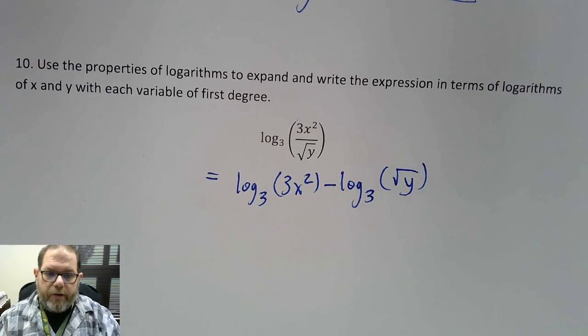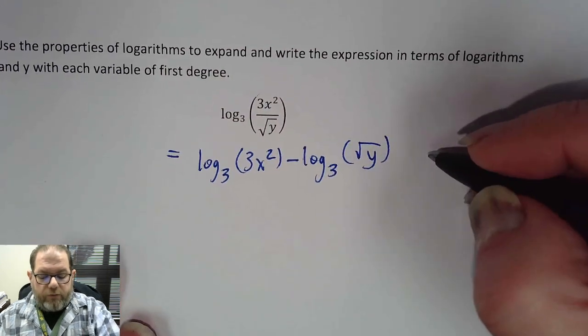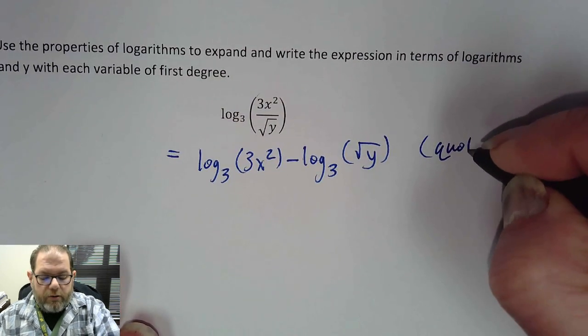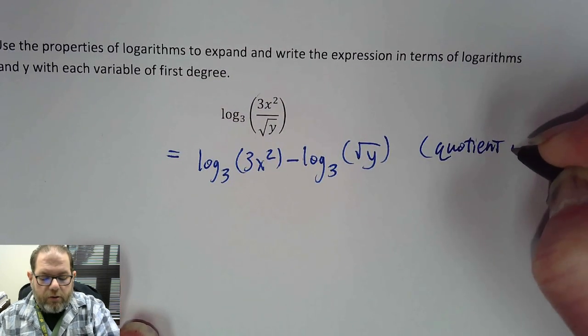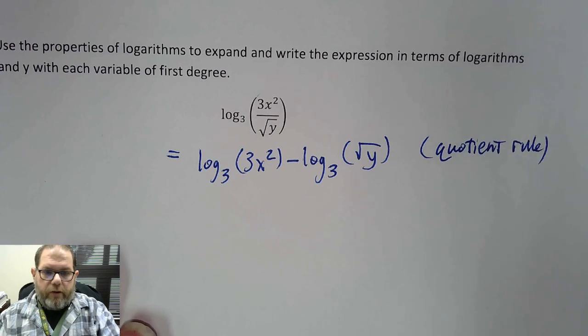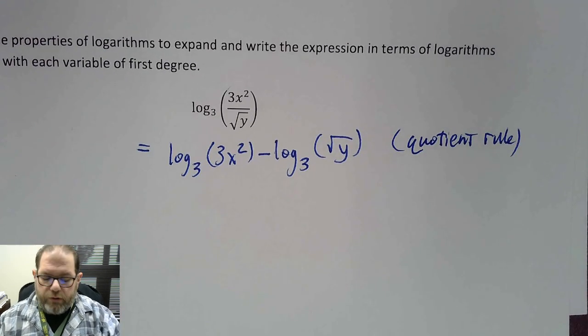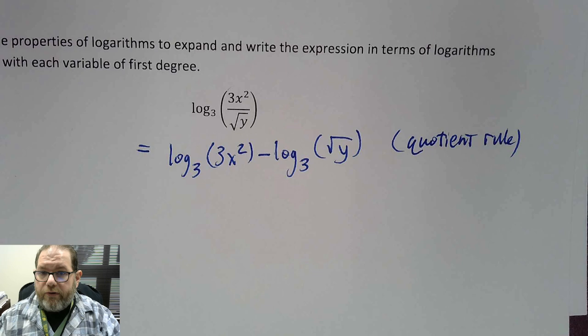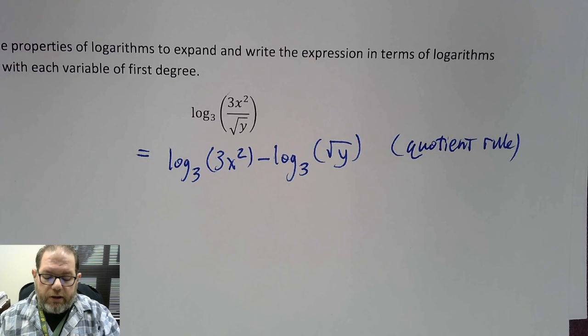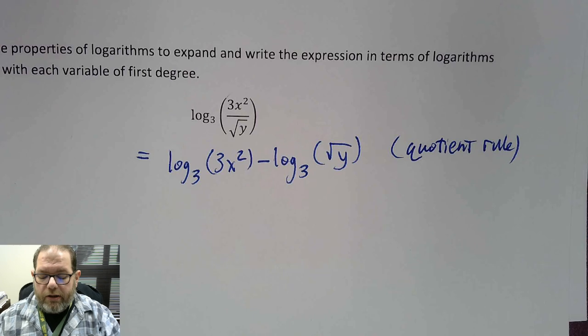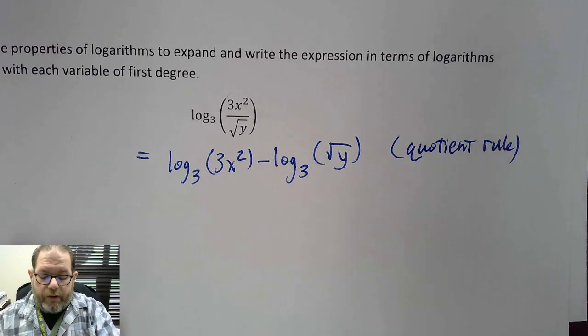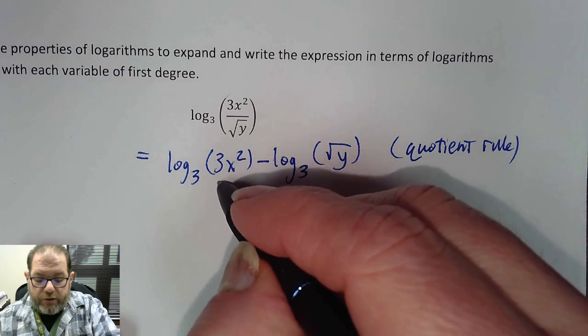So that's just the quotient rule being applied. And you don't have to write down what rule it is. I'm just leaving it there as a note for us to see, hey, this is what we did here. And you might have noticed that on the key that I had uploaded earlier this week.